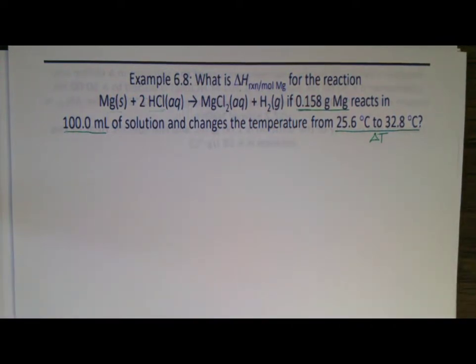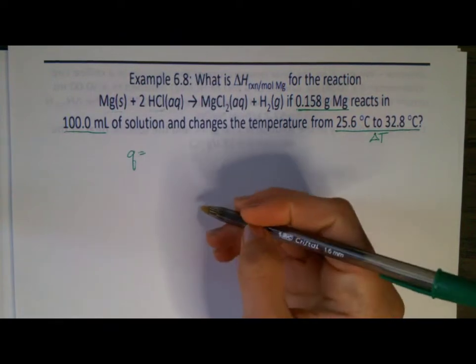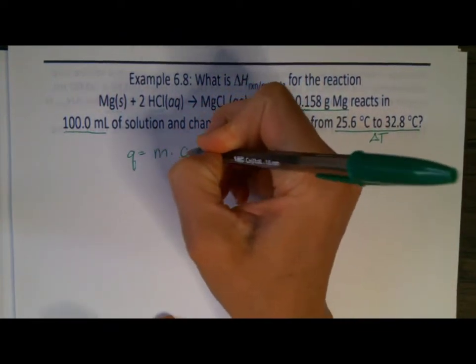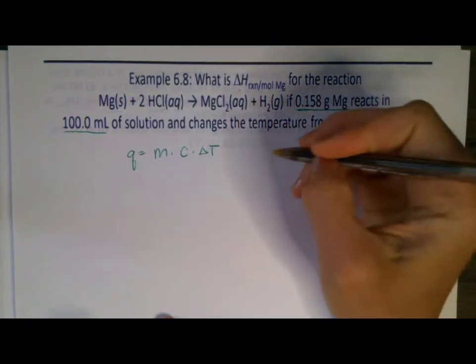So let's first find the Q. We know that Q is equal to M times C times delta T. So let's look at the solution.